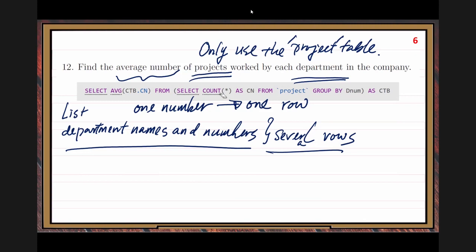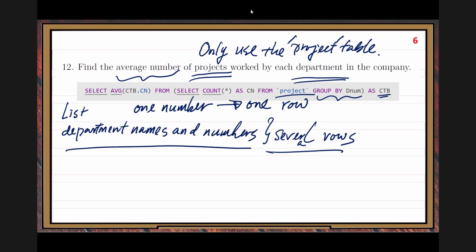This time we apply the count function on the project table with subgroups defined by D number, department number. So for each department you apply that count function. So you have a list of count numbers, and you define that table.